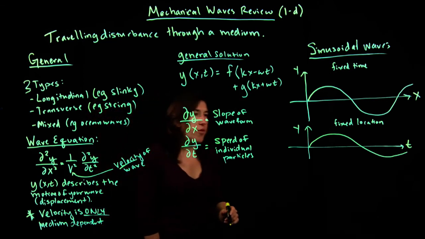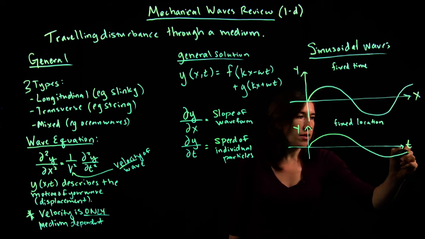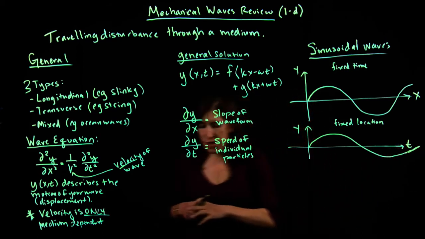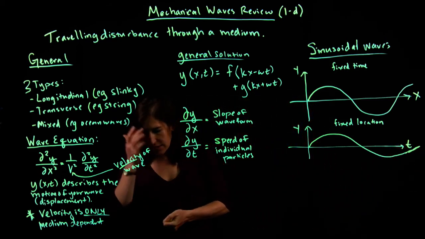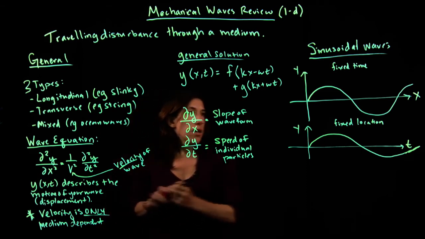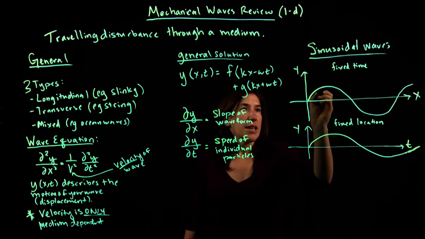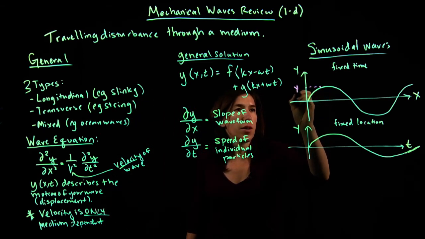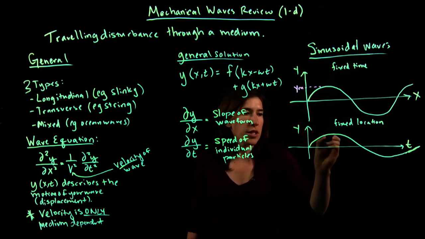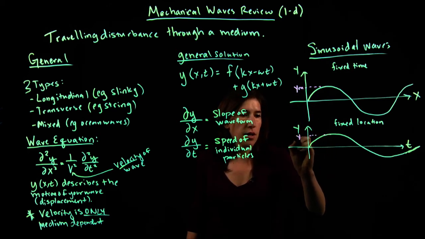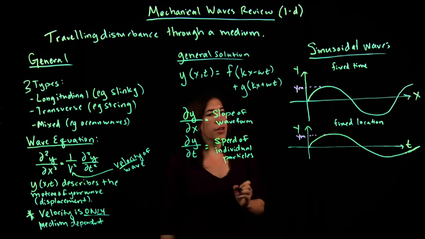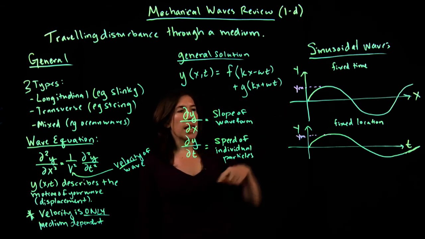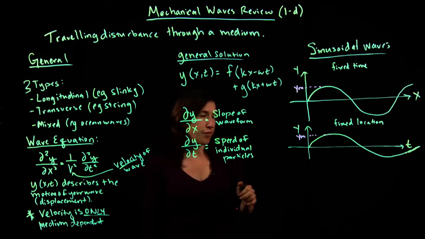So there's a lot of information you can get from drawing a plot like this. The first thing is the amplitude, which I'll call y sub m, which is the maximum displacement your wave might have, and it's going to be the same on both of these plots.